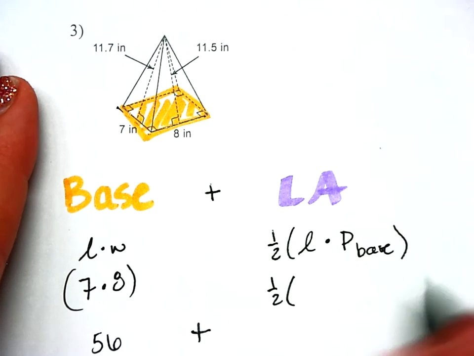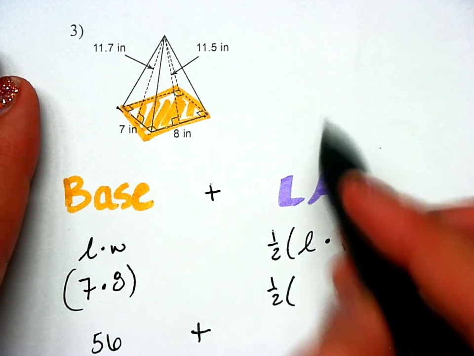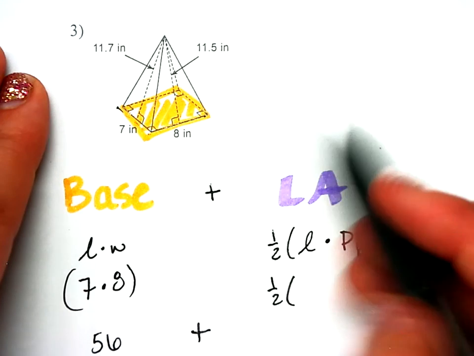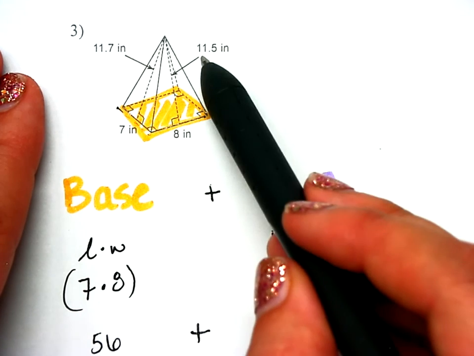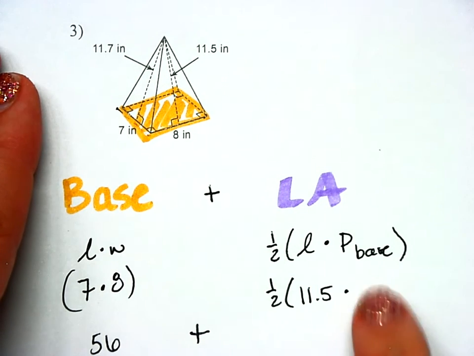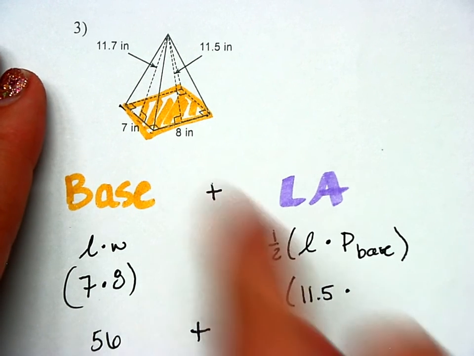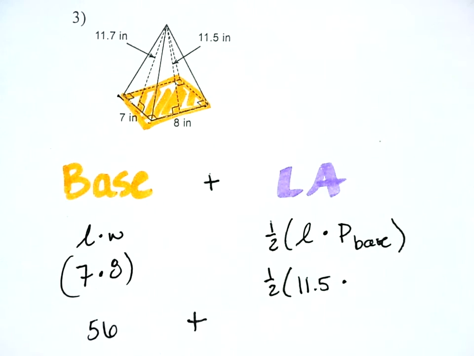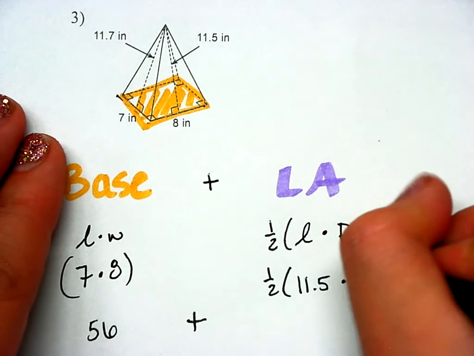Let's try both. I think there might be a typo. Those should be the same, but for this one, let's just use 11.5 times. Okay, and then the perimeter of the base, so that's 7 plus 7 plus 8 plus 8. And that gives us 30.